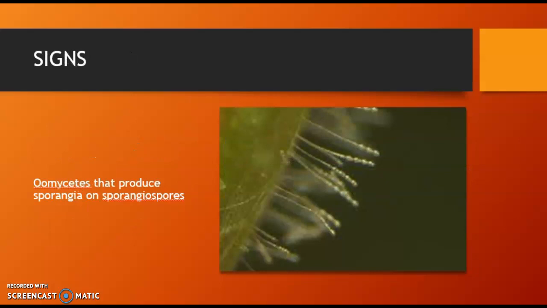Downy mildew oomycetes produce sporangia on sporangiophores that branch in ways distinctive for each oomycete. The sporangia are located at the tips of the branches. In most downy mildews, sporangia germinate by producing zoospores, or by producing germ tubes.